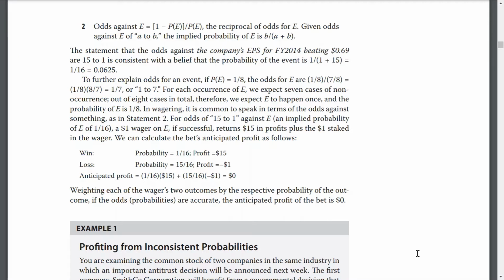We can calculate the bet's anticipated profit as follows. The win, if probable, is 15. The loss, you lose your principal, which is $1. The anticipated profit is therefore 0, weighting each of the wager's two outcomes by its respective probability. If the odds or the probabilities are accurate, the anticipated profit of the bet is 0.